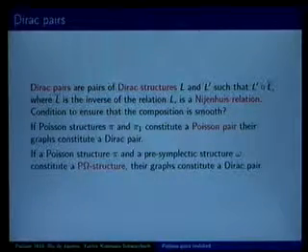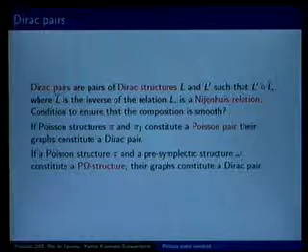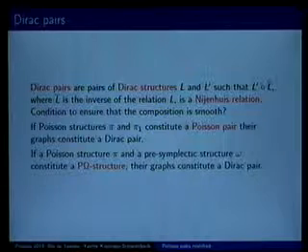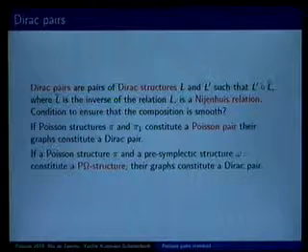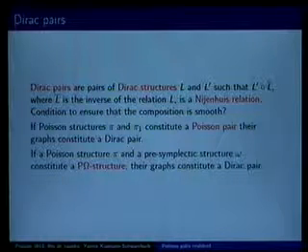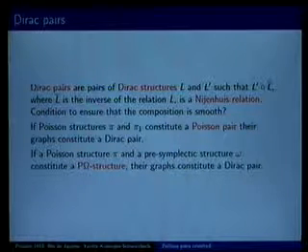So what are Dirac pairs? Well, Dirac pairs must be pairs of Dirac structures such that if you call them L and L prime, and if you compose L prime with the inverse relation of L, and that always exists, what you obtain is a Nijenhuis relation.